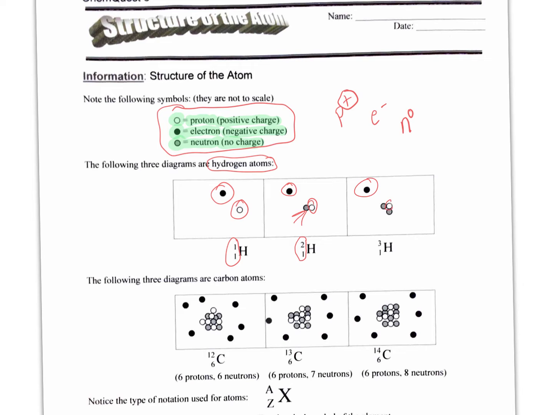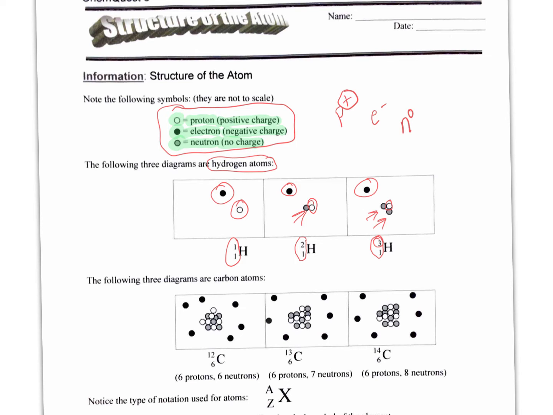We've got 1 proton. That's the same. But notice we have 2 gray dots. And then another thing I notice is my number on the top changed to 3. So here it was 1, here it was 2, and here it was 3. So what is that number representing? That's what you need to ask yourself.